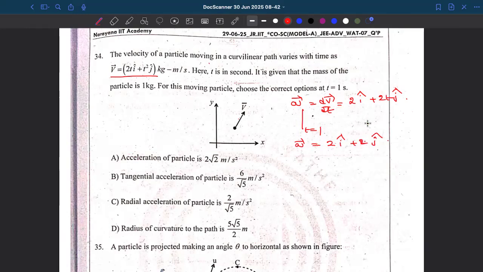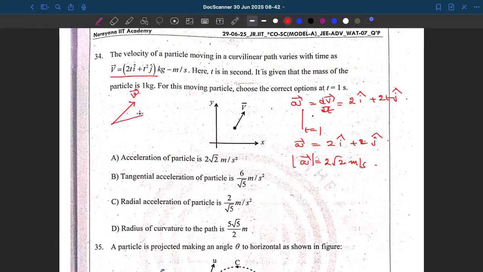34th question. Okay, obviously the total acceleration is 2 root 2 meter per second squared. Please try to understand. I have given one technical observation for you. For example, at t equal to 1, this is your velocity vector.